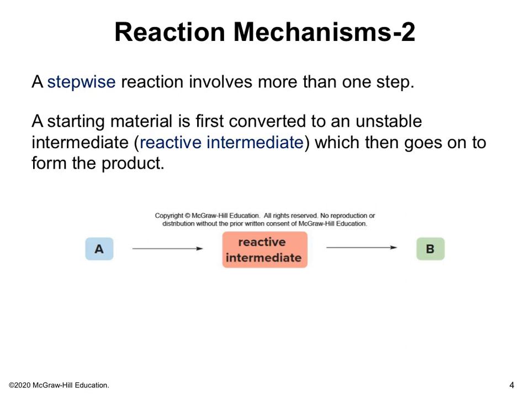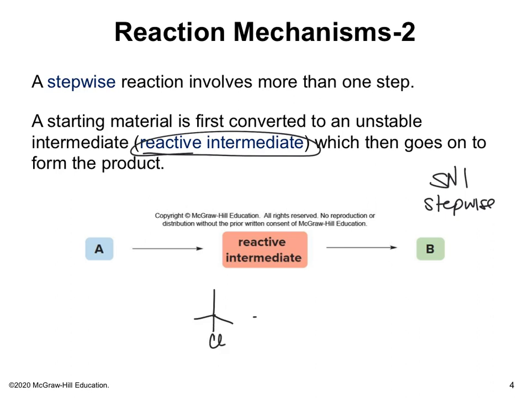A stepwise reaction mechanism, so SN1 would be stepwise, and something happens first and then something happens second, and you get a reactive intermediate. And so you're going to see something like this, where in an SN1 reaction, the leaving group leaves, and you get a carbocation.